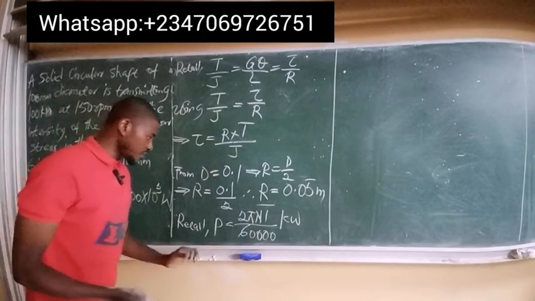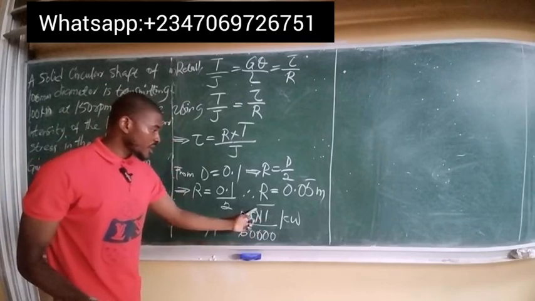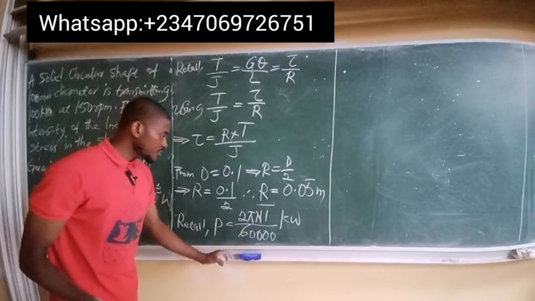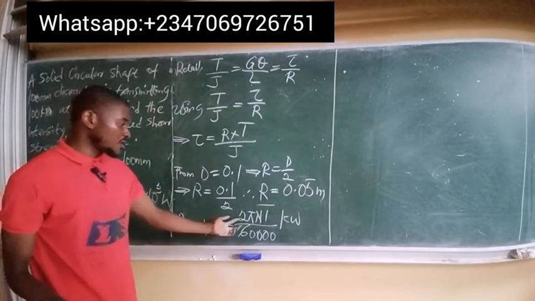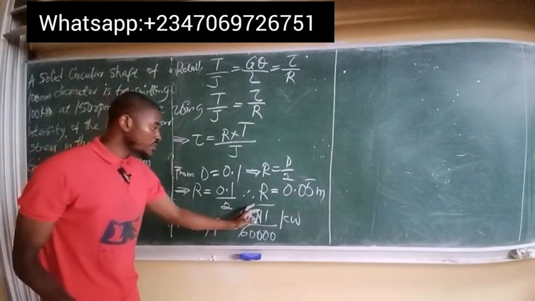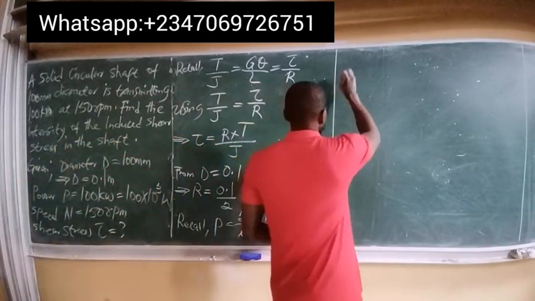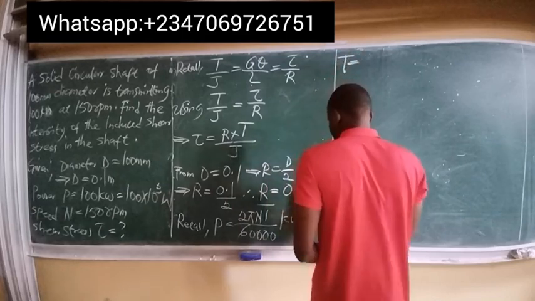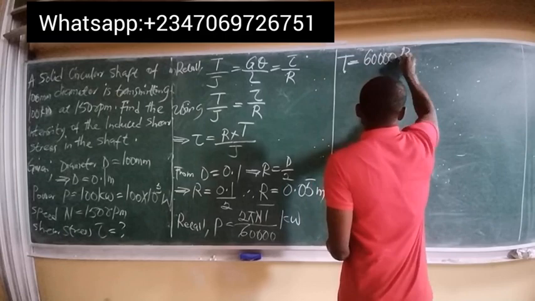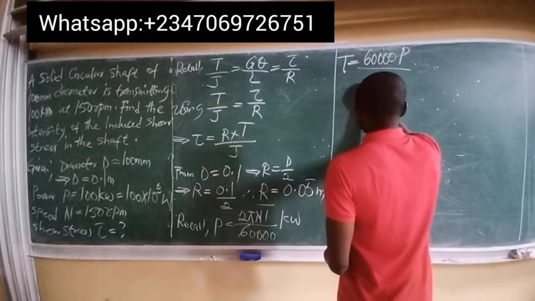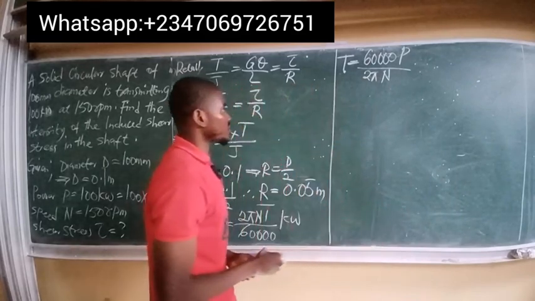T here stands for the torque, N is the speed of revolution, and of course 2 pi is the angle of revolution, which is in radians. So we'll simply make T the subject of the formula. If we make the torque T the subject, we obtain 60,000 P all over 2 pi N, and that gives us the value for the torque.